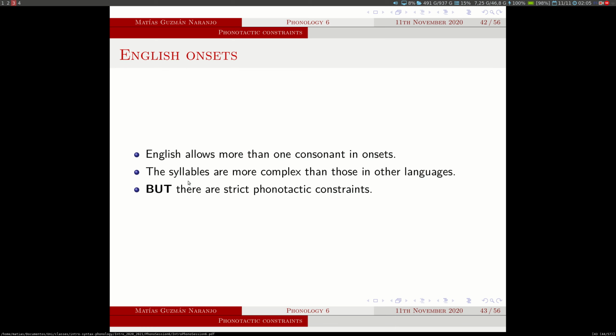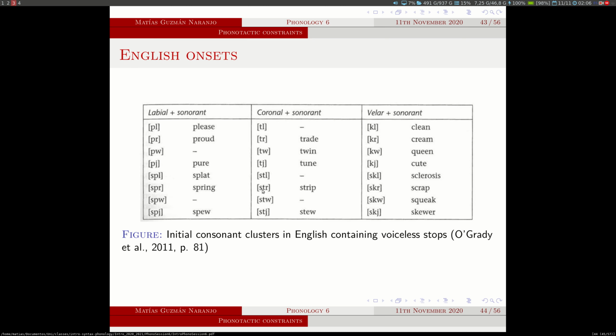For example, English allows more than one consonant in the onset, but there are many strict phonotactic constraints. And this is what I mentioned. Syllables can be very complex in comparison to other languages, but there are still a lot of constraints regarding which sounds must come first and which sounds come later.